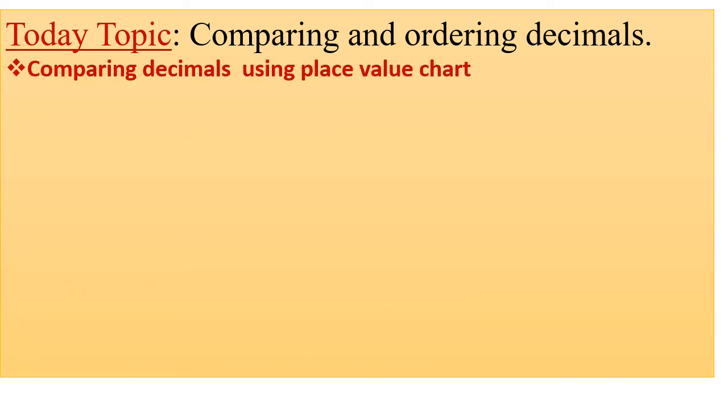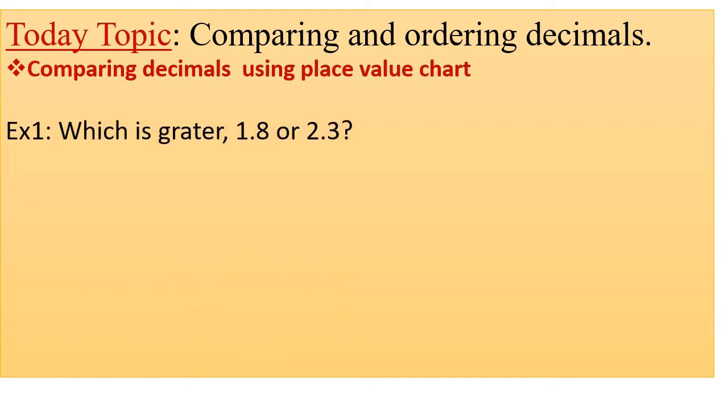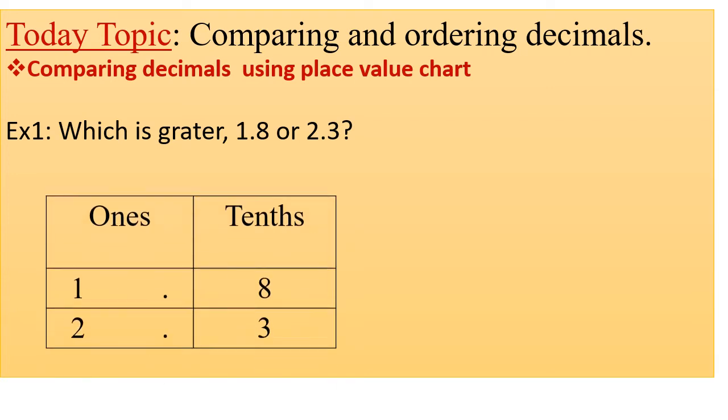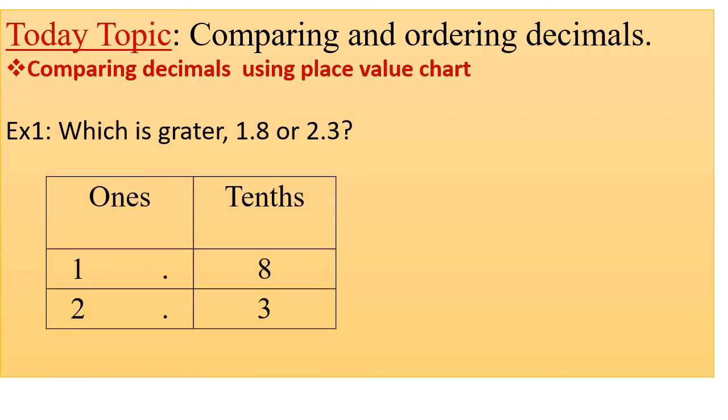Let's have a look at comparing decimals using a place value chart. Which is greater, 1.8 or 2.3? What teacher wants you to do is write all those numbers into the correct place value. We have ones and tenths. You have to notice the th and s.